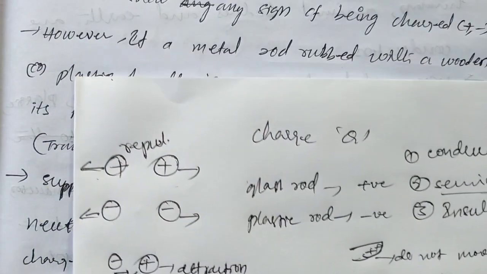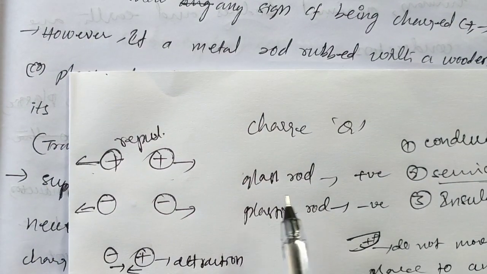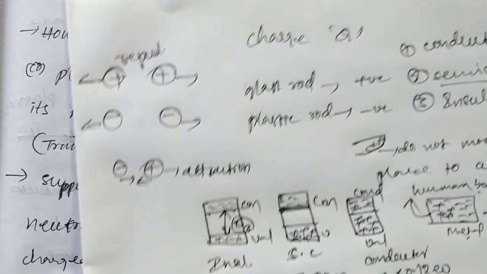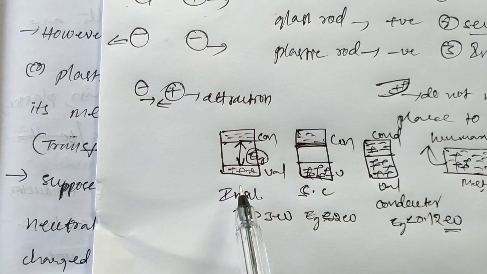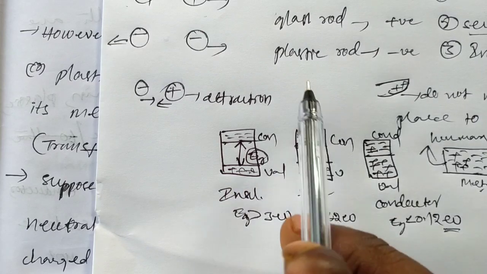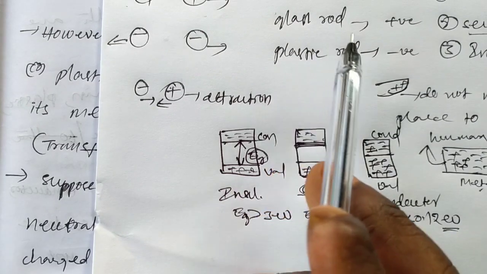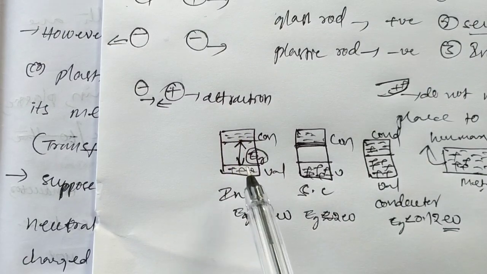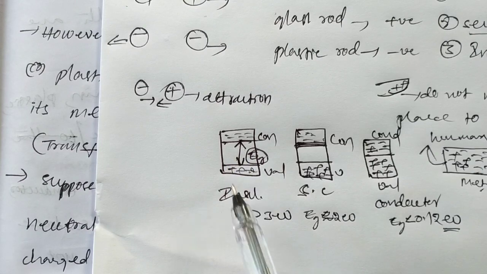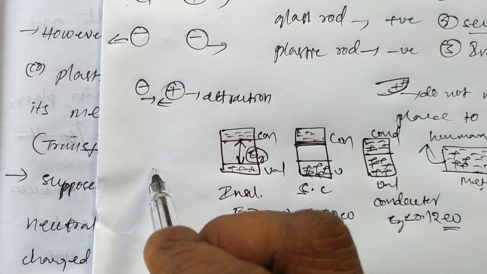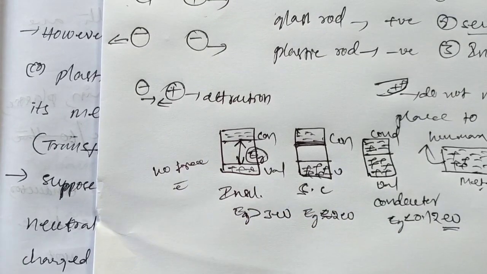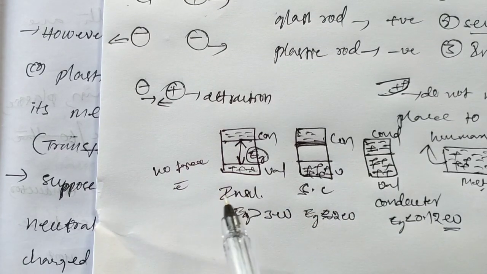This phenomenon does not occur in insulators. Insulators have a high energy band gap. That's why there is no transmission of charge carriers from one place to another. There is a bound region, so the electron flow is not transmitted. There are no free electrons in insulators.